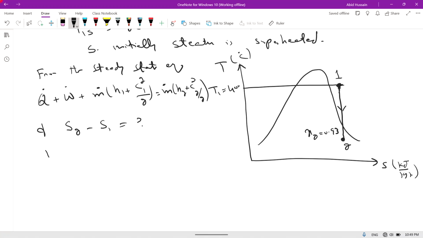Initially the steam is in the superheated region.